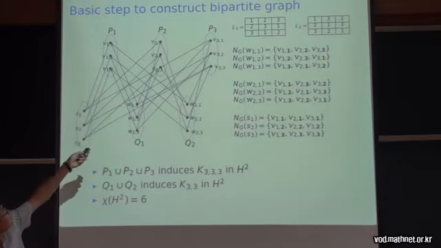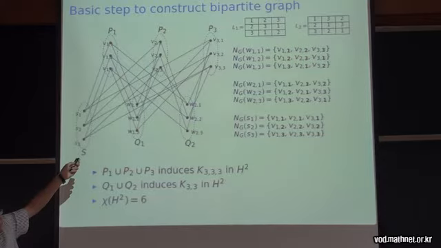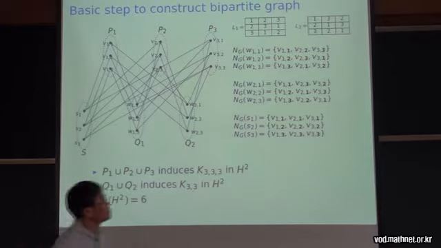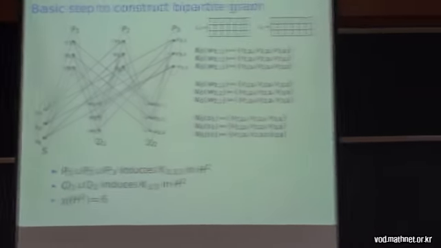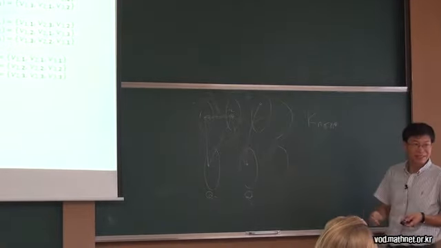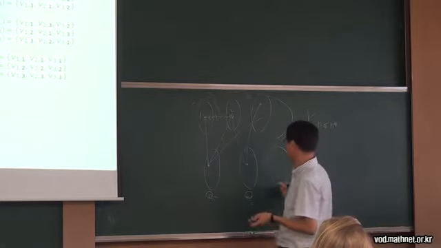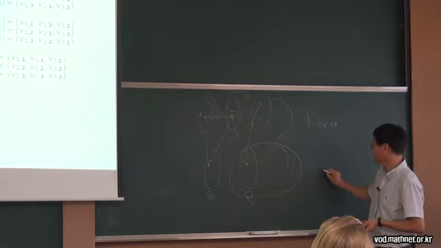So in the square, these three vertices induce a complete subgraph. So in this structure, the top vertex becomes a complete multipartite with n sets. Bottom vertex, so we guarantee at least this here, but it's not important actually.